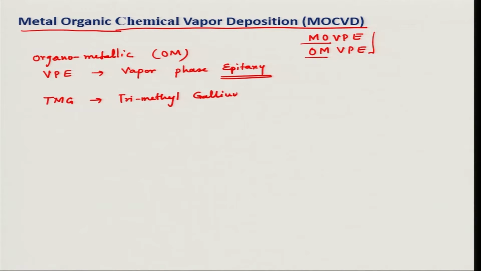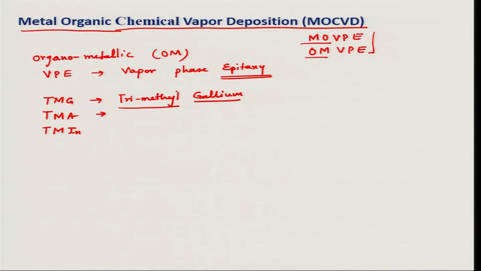Gallium is a metal and trimethyl is the organic part. Similarly, you can have TMA, trimethyl aluminum, or trimethyl or dimethyl indium. It is not required that it can only be methyl group, they can also be ethyl groups.